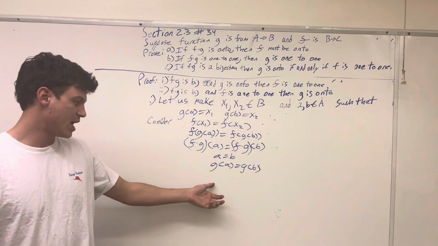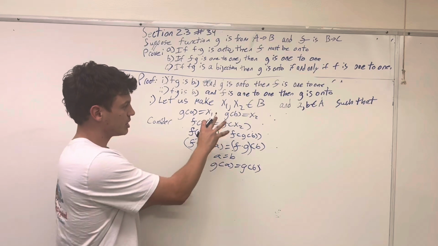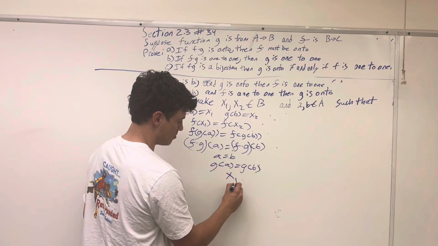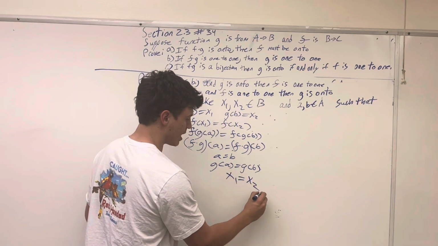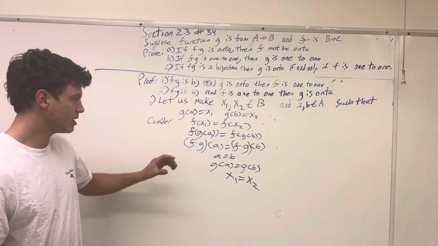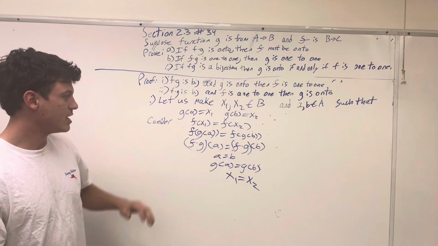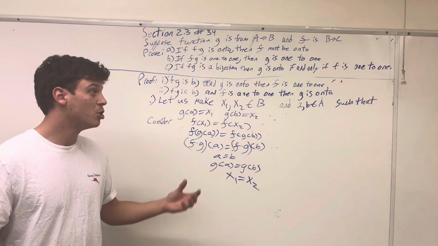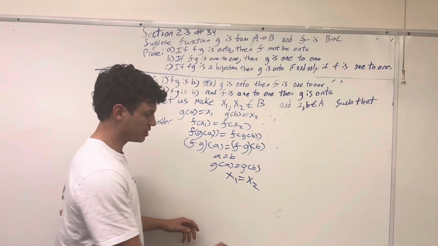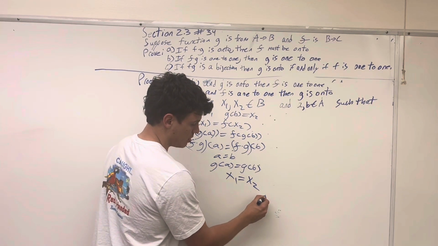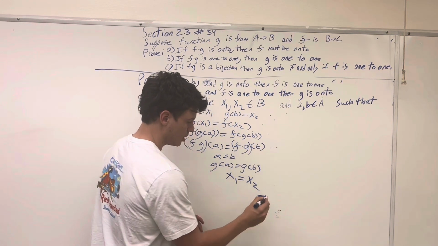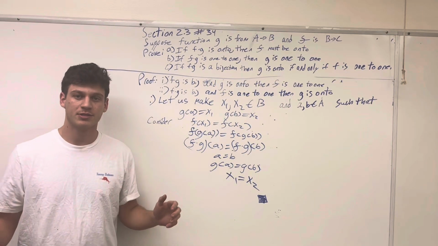And if g of a is equal to g of b, then we can just substitute this in, and we know that x1 is equal to x2. Thus, since x1 is equal to x2, and f of x1 is equal to f of x2, we know that f is a 1-to-1 function. And this proves the first part of part C. Let me set up part 2 for you guys.